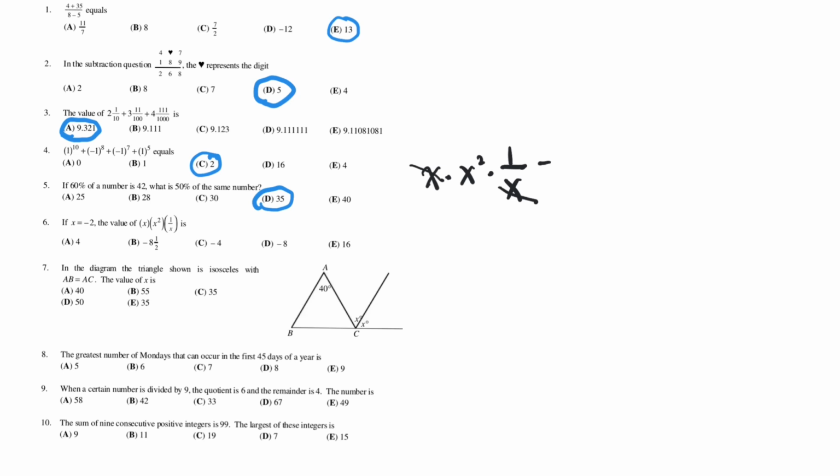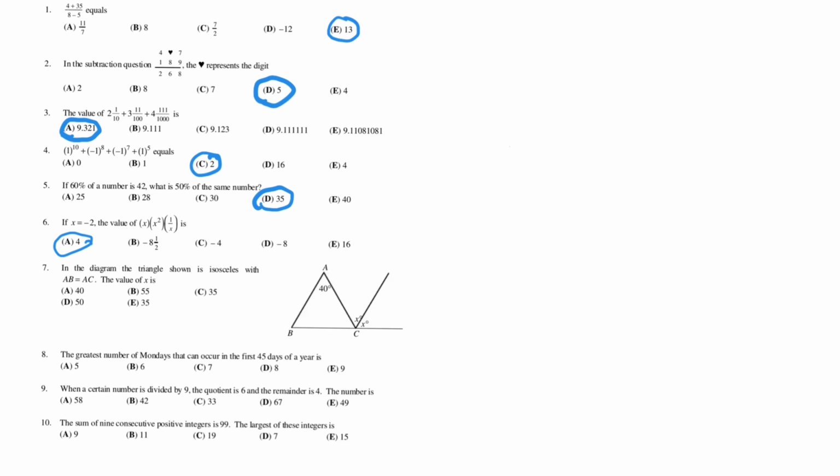Now we have x squared, plug in -2. -2 squared, that's an even power, so it's positive, equals 2 squared. That's 4. So the answer is A.